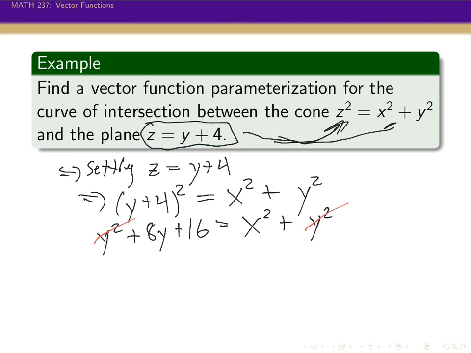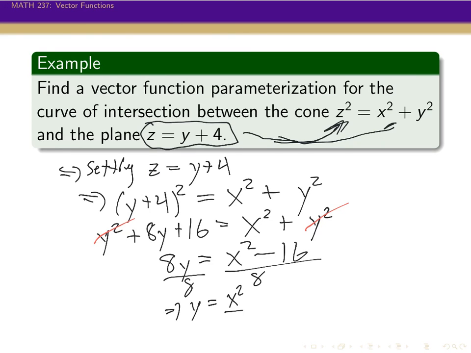And I'm left with 8y plus 16 is equal to x squared. And so let's solve for y there. So I'll have 8y is equal to x squared minus 16. Now we divide by 8 all the way across. And we get y is x squared over 8 minus 16 over 8, which is 2.